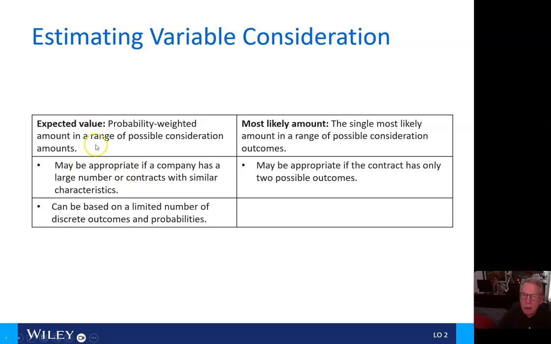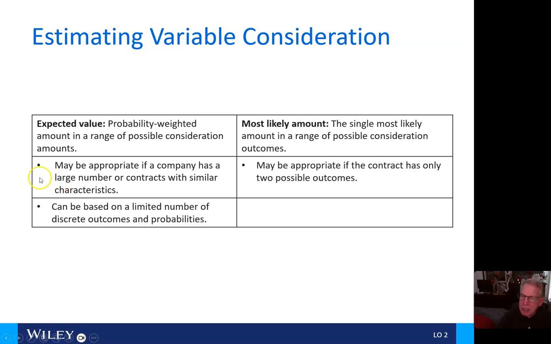So if we look at expected value compared with most likely amount, the expected value is going to be a probability weighted amount in a range of possible consideration amounts.